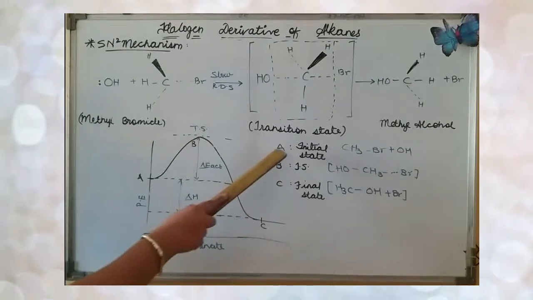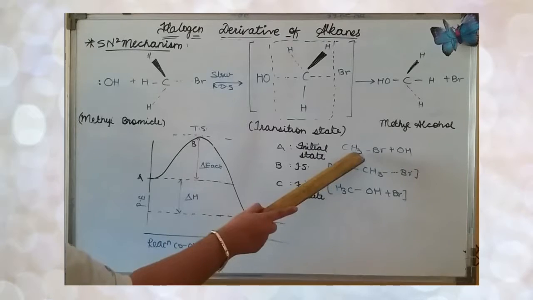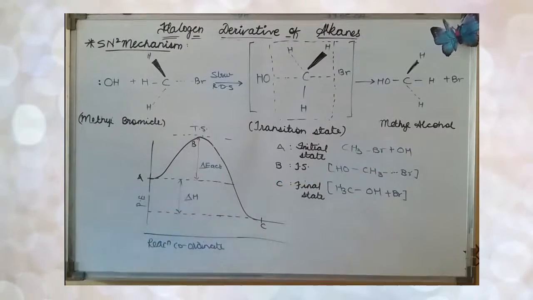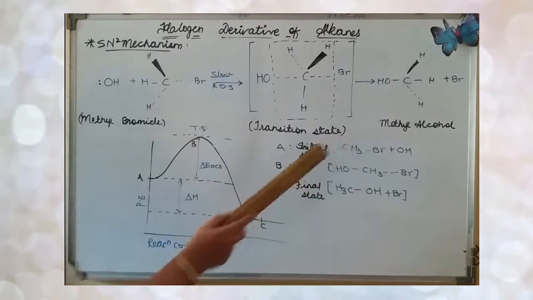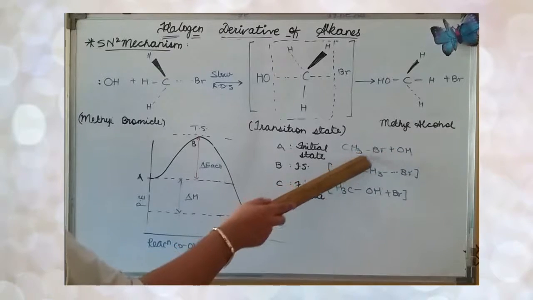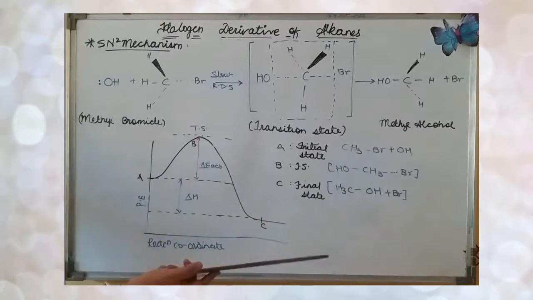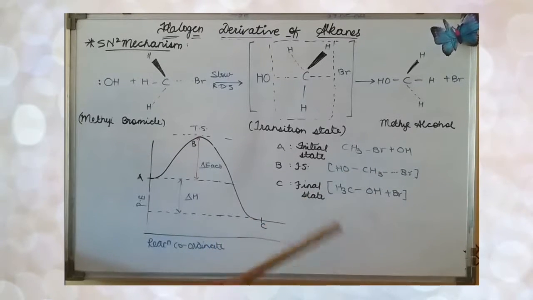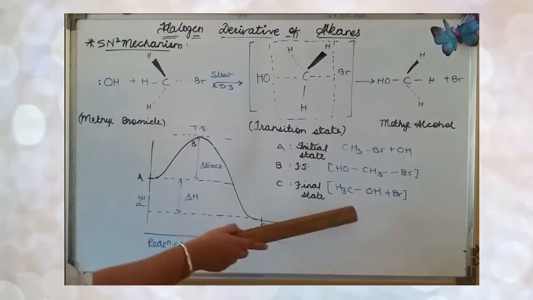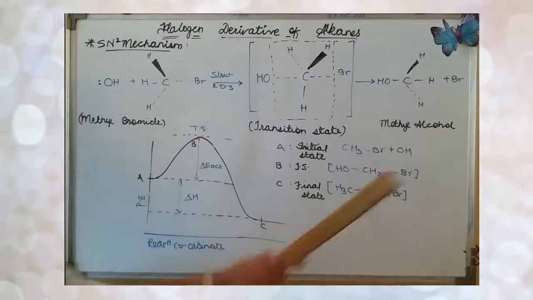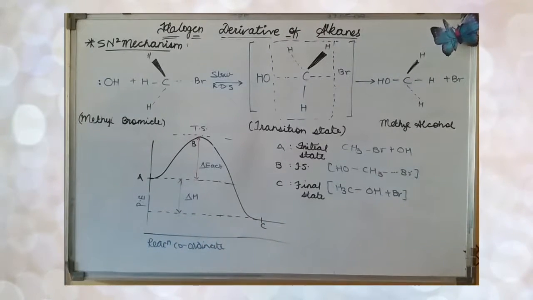So at A, the initial stage, methyl bromide is together and the nucleophile is just linking up. In the transition state, the strong bonds get weakened and the bonds which were not existing start forming. And in the final state, when we reach C, the nucleophile has attached to the substrate and the bromine has been removed as a product.